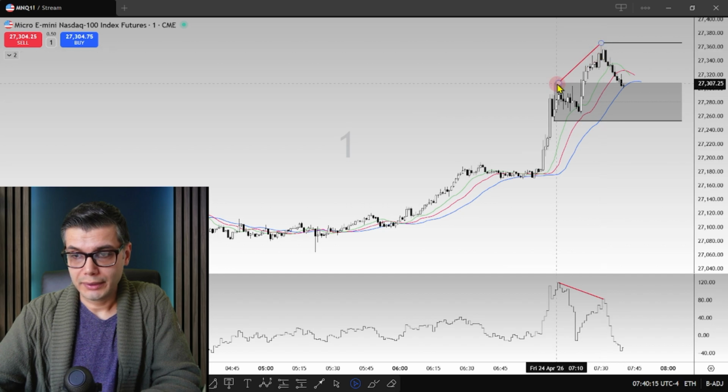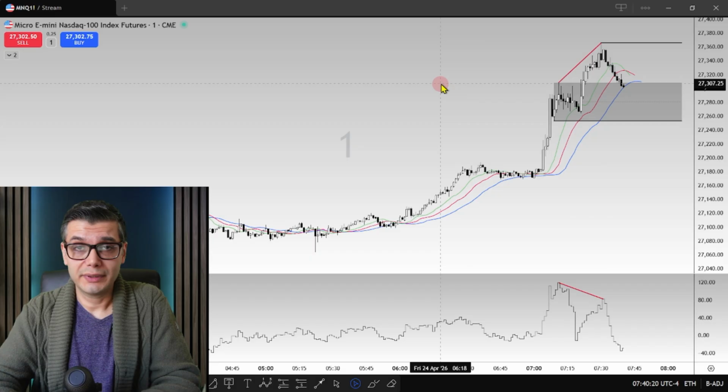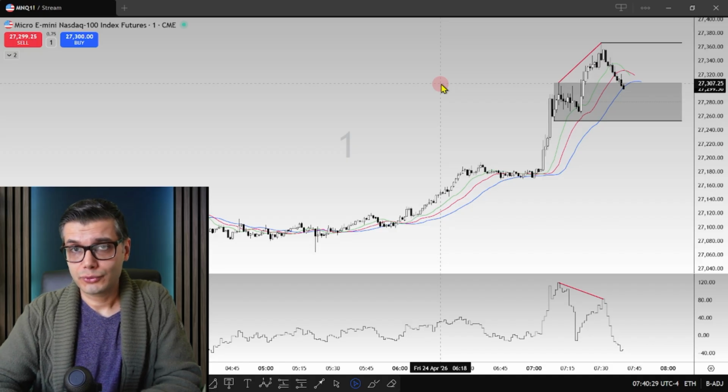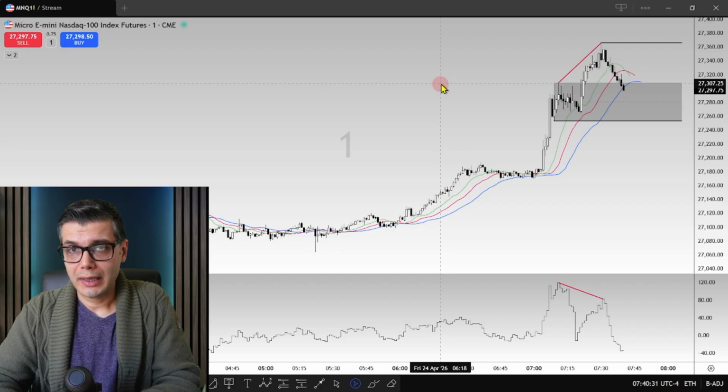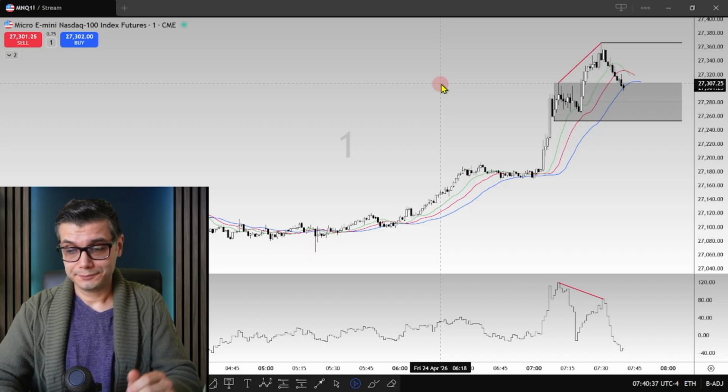However, on the other hand, Nasdaq made a new higher high. This divergence indicates something is fishy, something else is going on behind the scenes. Once we have that break of structure, we will figure out if we are going to have a reversal or not. Therefore, stay with me.